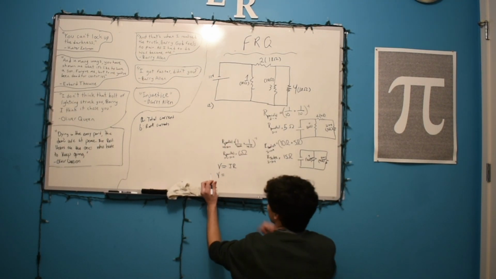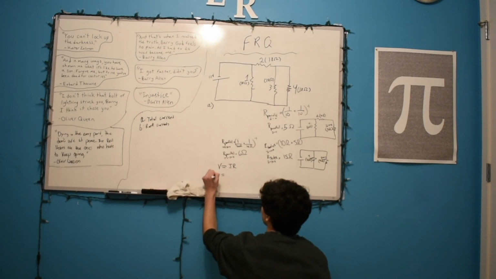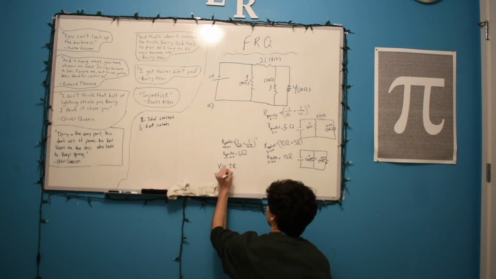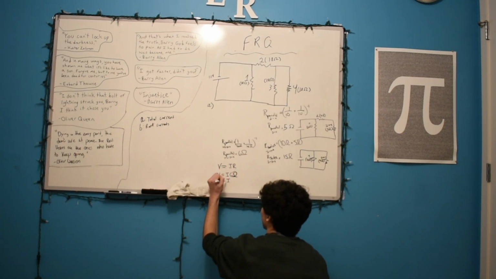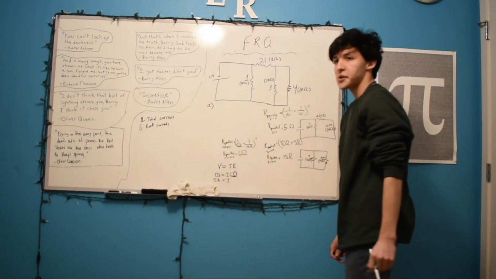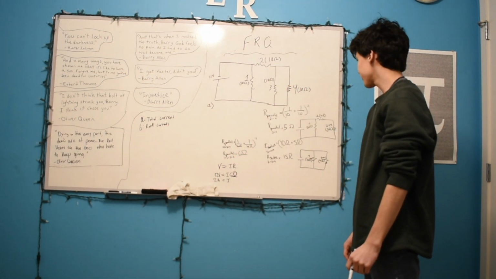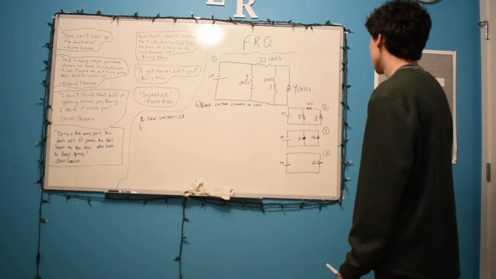Okay, I can substitute this as well. 12 V equals I. This is 6 ohms. So I equals 2. What's the unit for this? Amps. A. Is that the answer? Well, I think so. Good job!